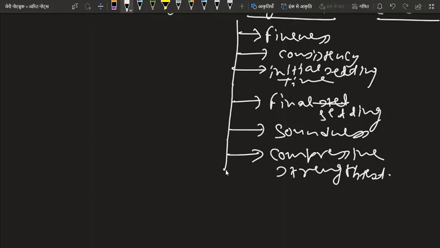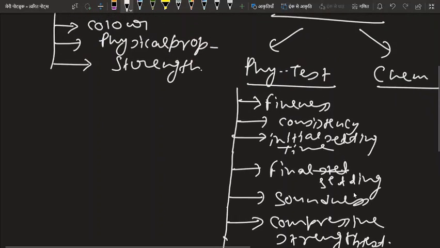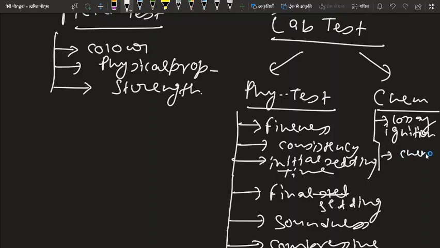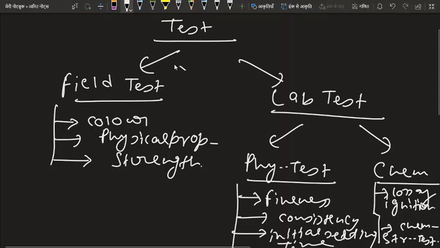And the last one is the heat of hydration test. In the chemical test we perform two types of test: one is the loss of ignition test and the other is the chemical structural test. Today we'll only discuss the field test.